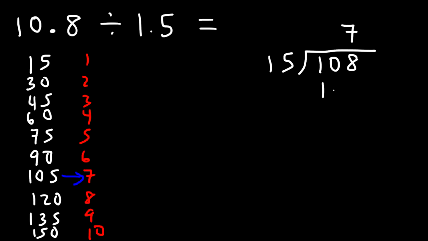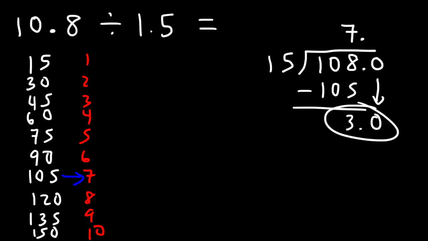15 times 7 is 105. And the difference between 108 and 105 is 3. Now 15 doesn't go into 3. So we need to add a decimal point and bring down the 0. And here we got to add a decimal point. Now we're going to treat this as if it's 30. How many times does 15 go into 30? 15 goes into 30 exactly 2 times.